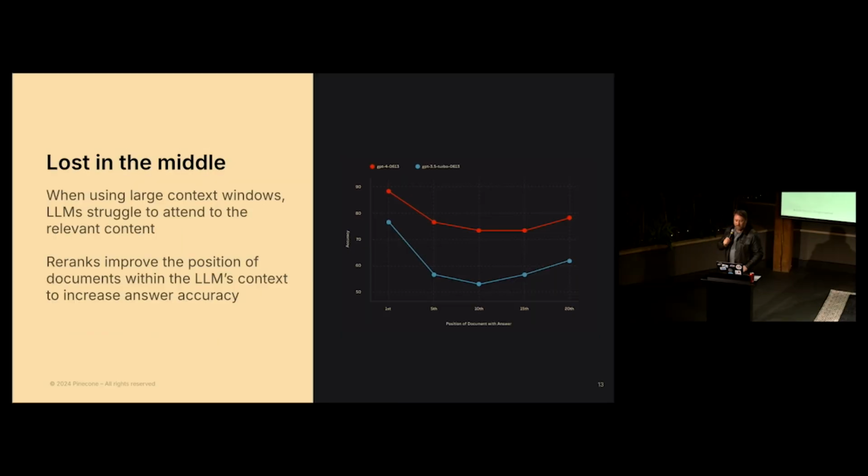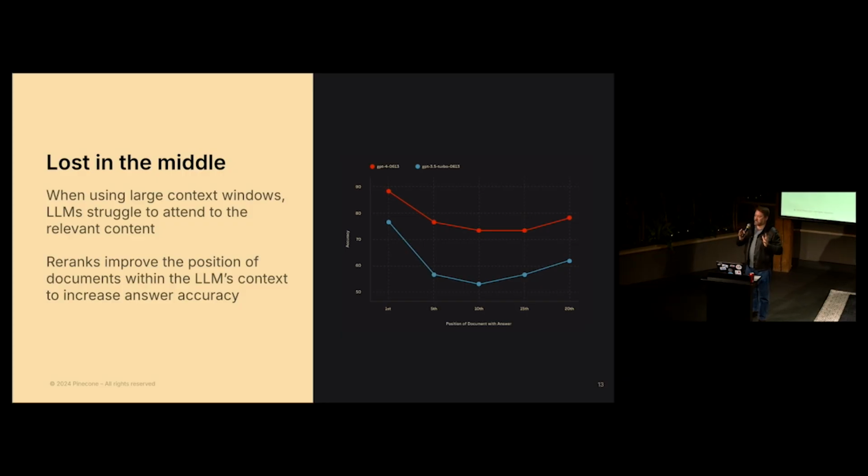All right, we're going to take a step back and talk a little bit about LLMs and how they work. So some of the LLMs that are out there now have massive context windows, hundreds of thousands of tokens. But just because they have a large context window doesn't mean they actually understand what's in the middle. Statistically, they're really only going to look at the first section and the last section.